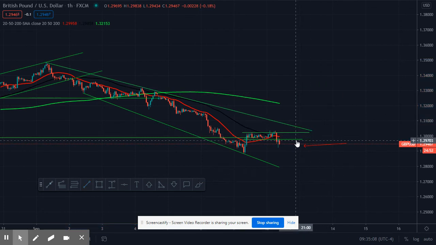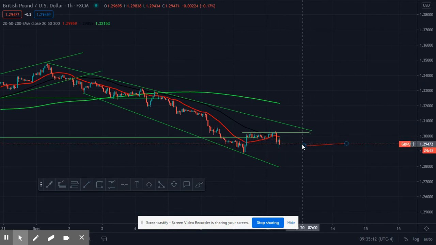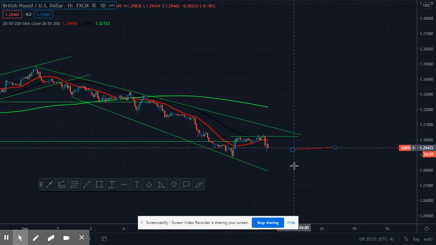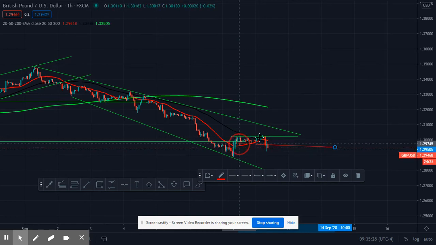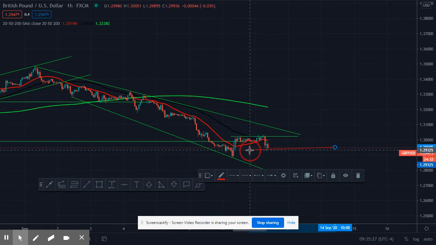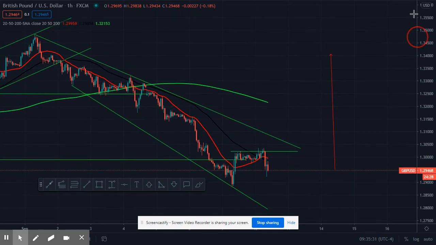All right, this is where we're at right now. Yeah, we want to see how price reacts, because even though it's like a bull flag, somebody could argue that it possibly could be a bear flag, and here's why.